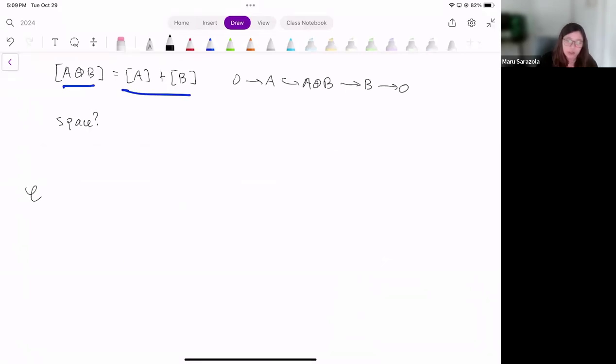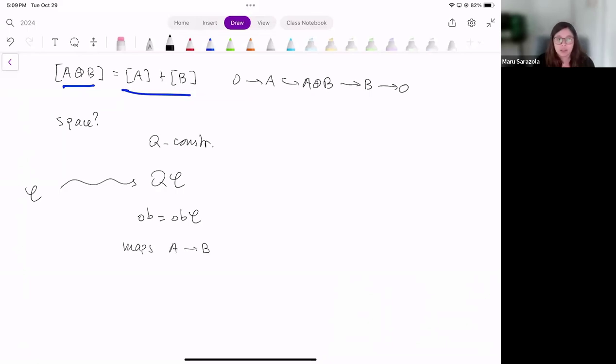Well, what you do is you take your category C and you apply to C what's called the Q construction. So this is going to give you a new category, Q of C, whose objects are the original objects that you start with, but now your maps from A to B are going to be spans.